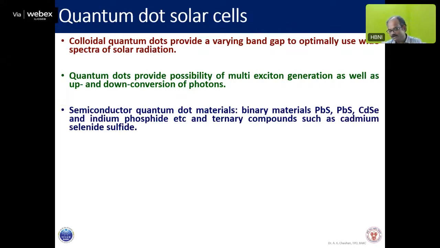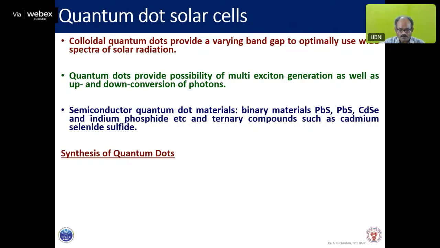Again, remember, it is not like valence band and conduction band. It is not like HOMO and LUMO either, because in HOMO and LUMO the cluster size is very large, whereas in quantum dots the size is very small.